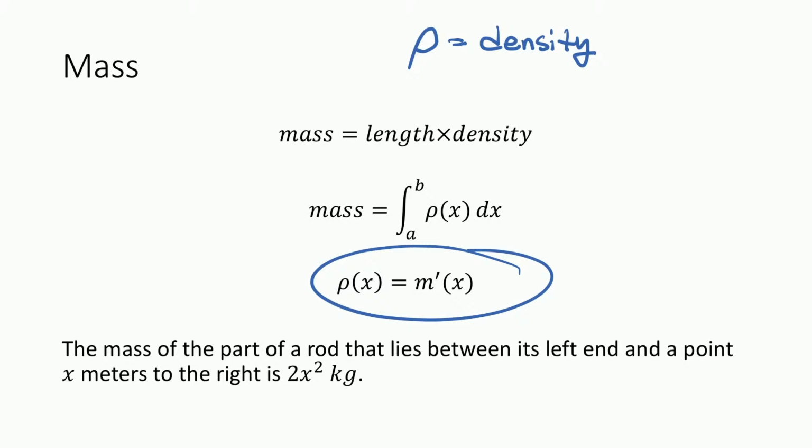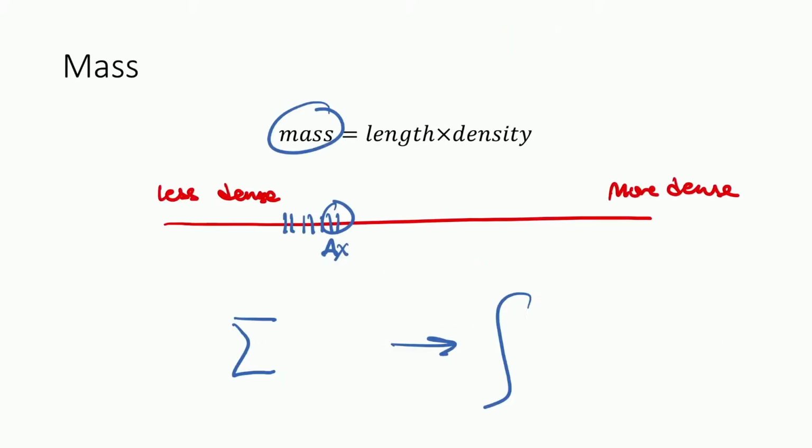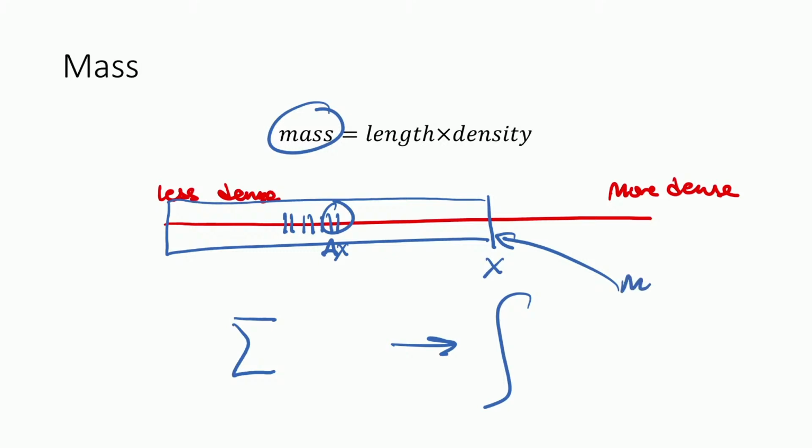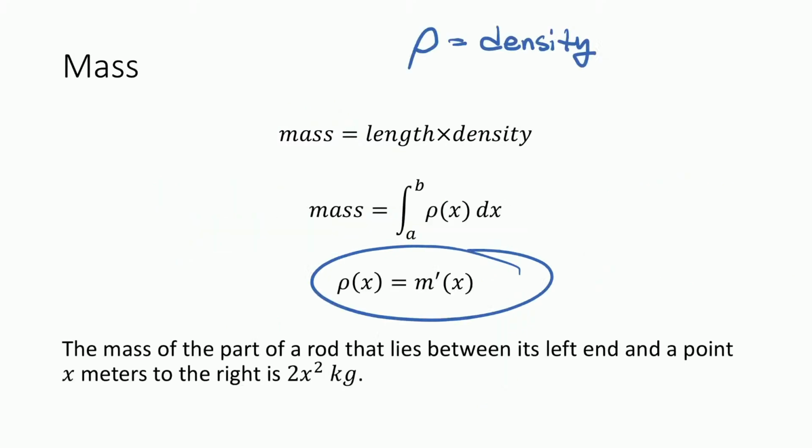In other words, we have this long straight object, and if you take that portion of this rod, put an x there, then the mass of that portion would equal 2x squared kilograms. So that's what that means.